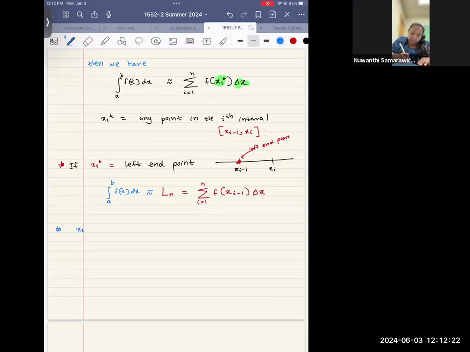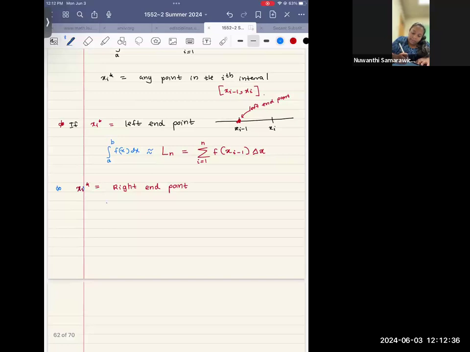If this xi star is the right endpoint, then your definite integral is approximated, and you denote that as capital Rn. This is the sum of f at xi times delta x.